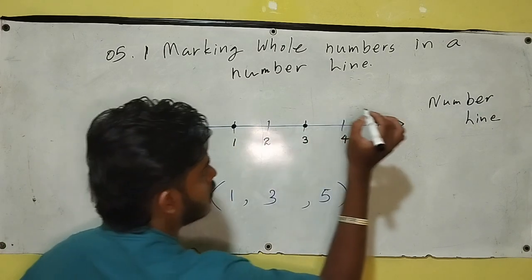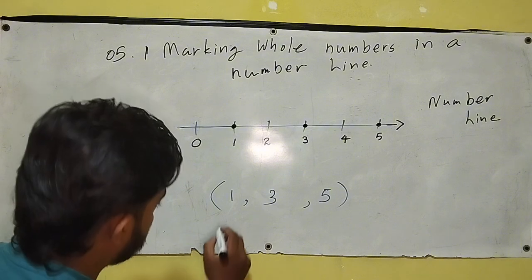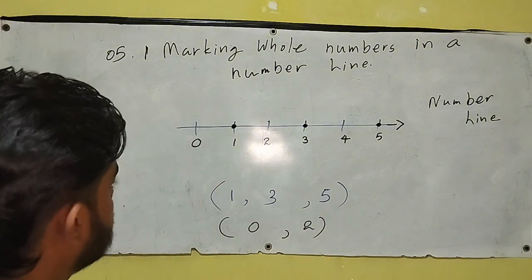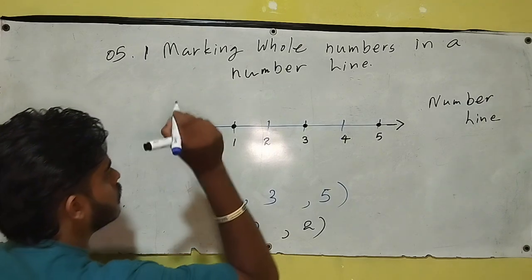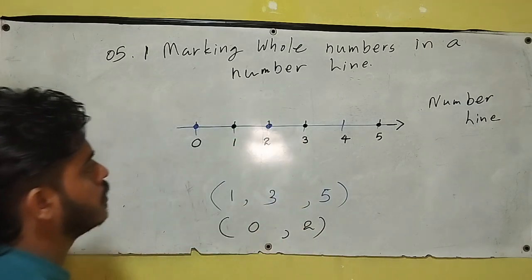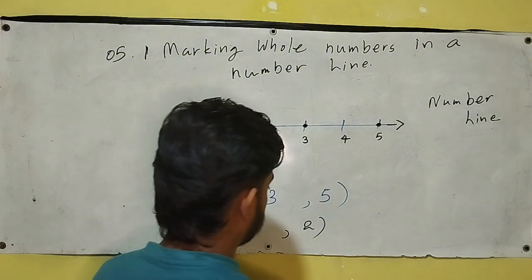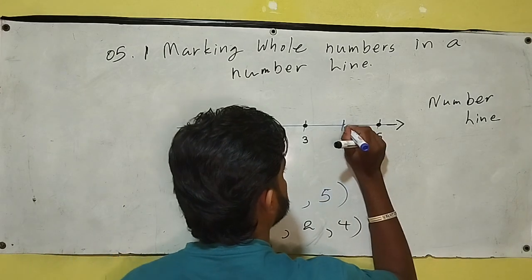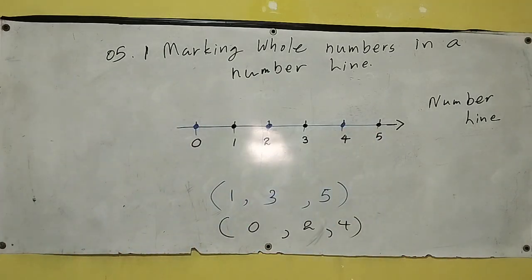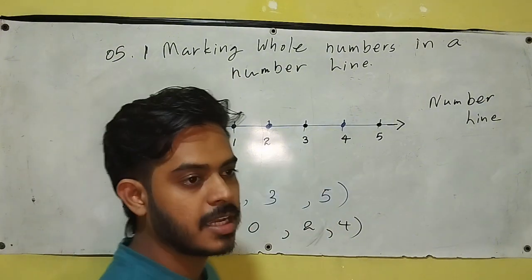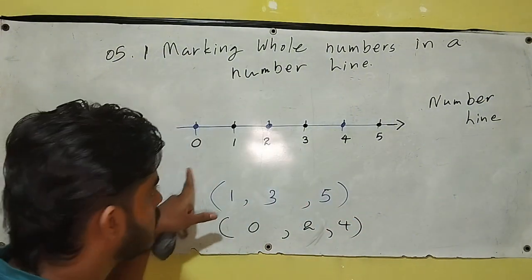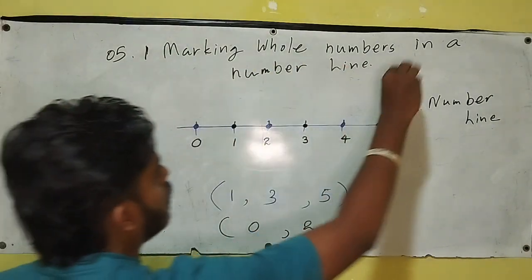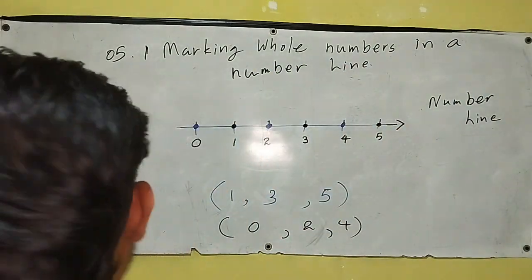This is 3. This is 5. They are telling us to mark the points 0, 2. How to mark? This is point 0. This is 2. As well as 4. How to mark? This is 4. This is the very basic idea of how to mark whole numbers in a number line.